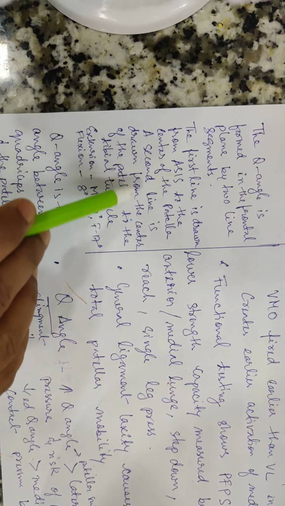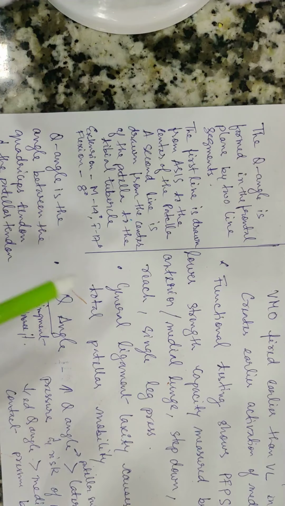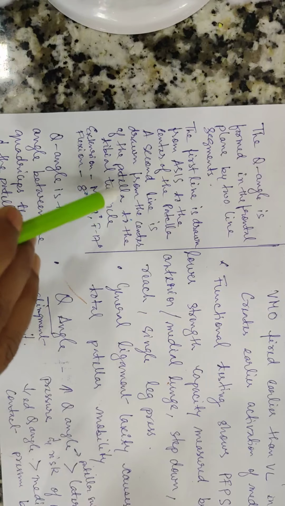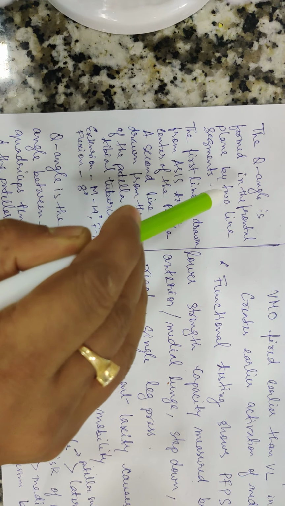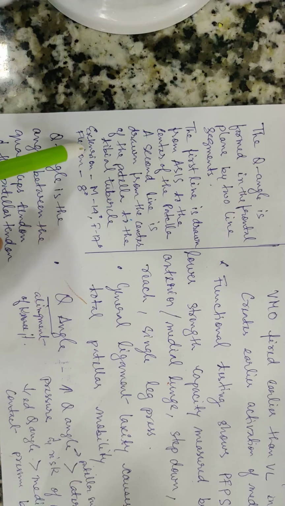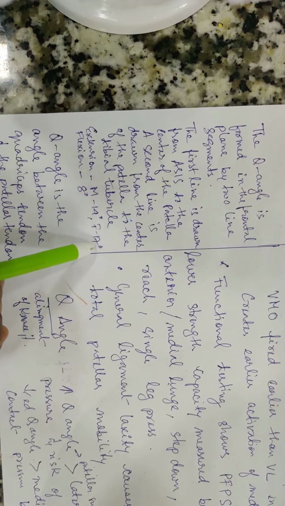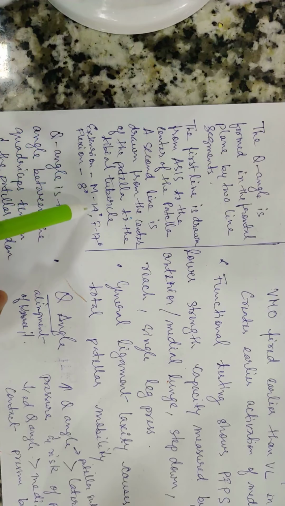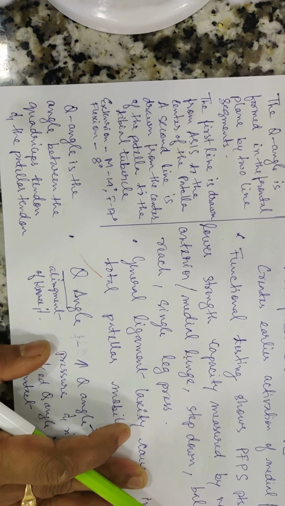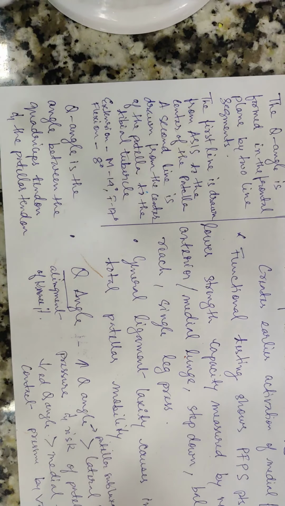The second line is drawn from the tibial tubercle to the center of the patella, where they intersect and form an angle. In extension, this angle is around 14 degrees in males and 17 degrees in females, and in flexion it is almost 8 degrees in both genders. So if the Q angle is increased, there is a greater chance of patellar subluxation.